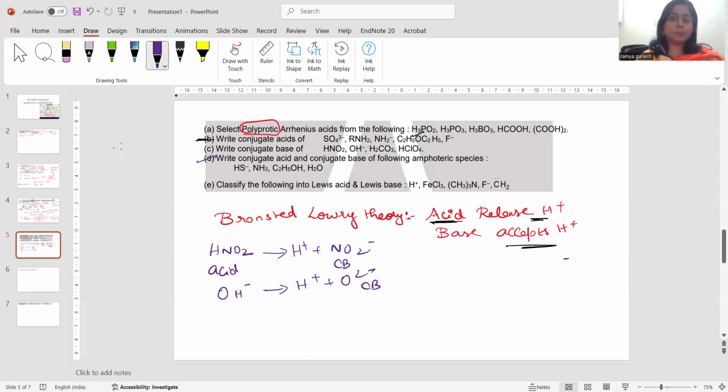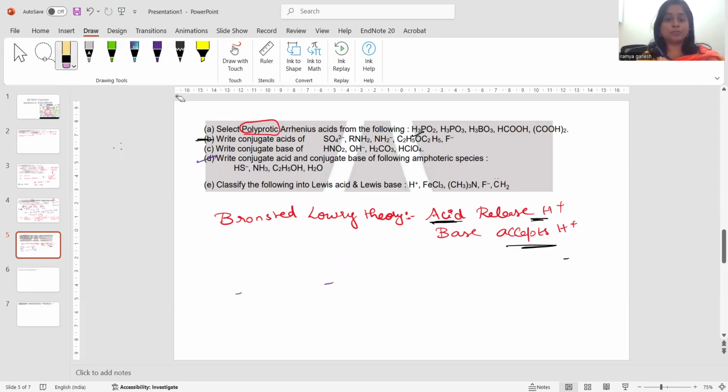Write the conjugate acid and base of the amphoteric species. That means they can act both as an acid as well as a base. Let us take up the example of ethanol, C2H5OH. C2H5OH can take up H plus. If it is taking H plus, it is acting as a base. So it is going to form C2H5OH2 plus, correct?